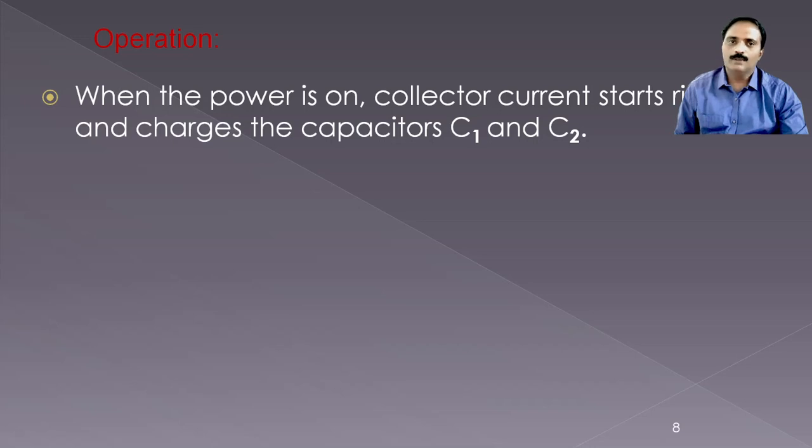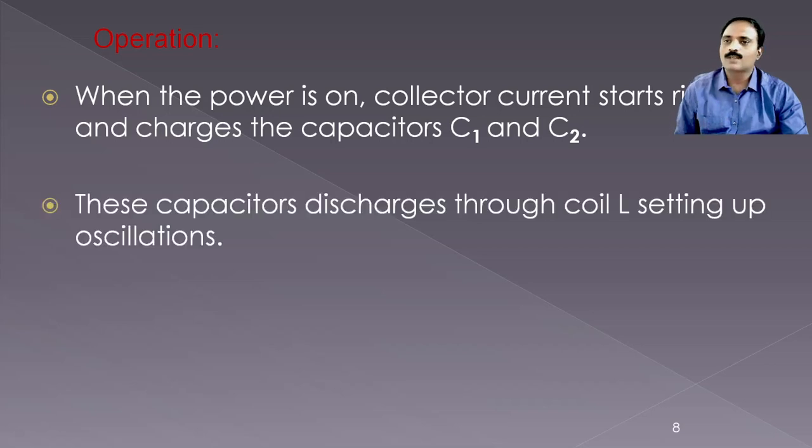And when the power is on, once the collector current starts rising, it charges the capacitors C1 and C2. And these capacitors are going to discharge through the coil L, thereby setting up the required oscillations.